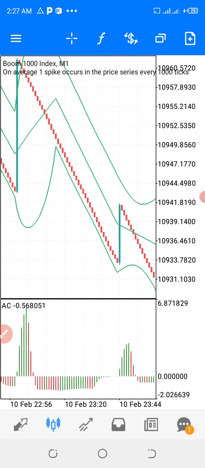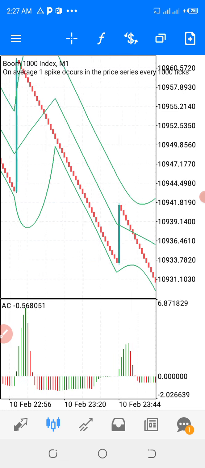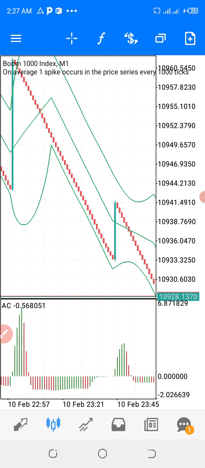So now how does this strategy work? This is the Boom 1000 index, and this is the one minute chart. The first thing you need to do is identify whether it's an uptrend or a downtrend. On Boom 1000, you need to make sure that it's a downtrend.